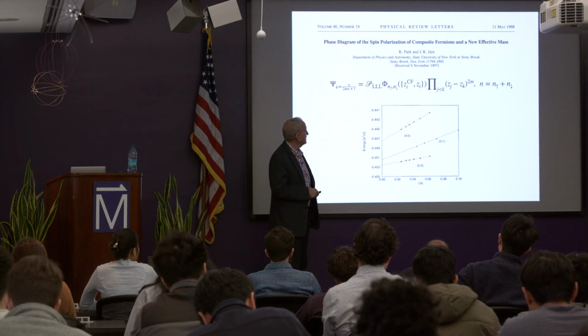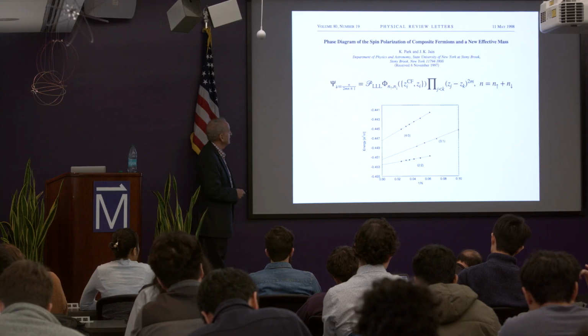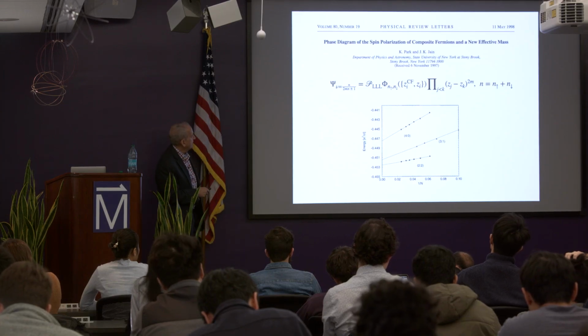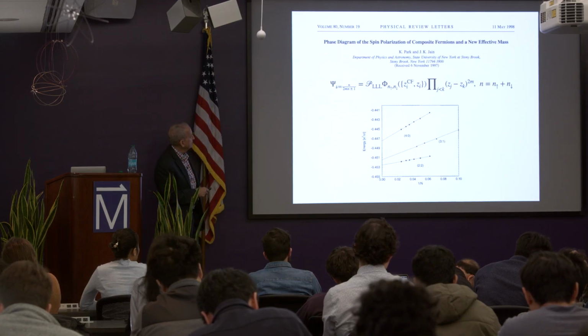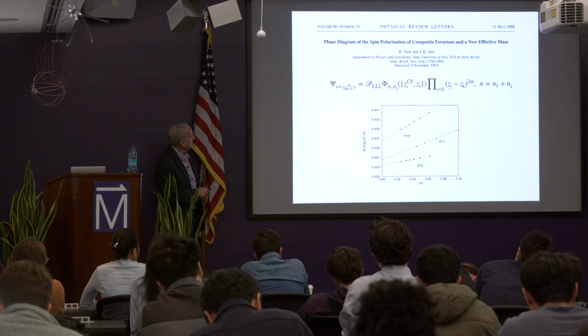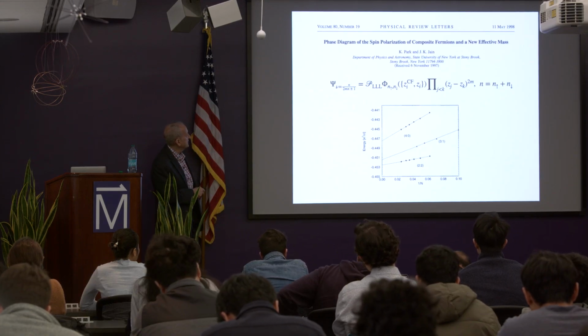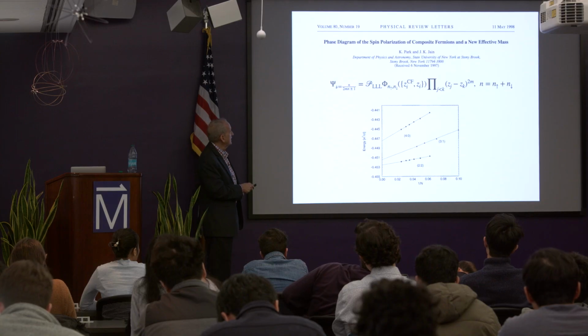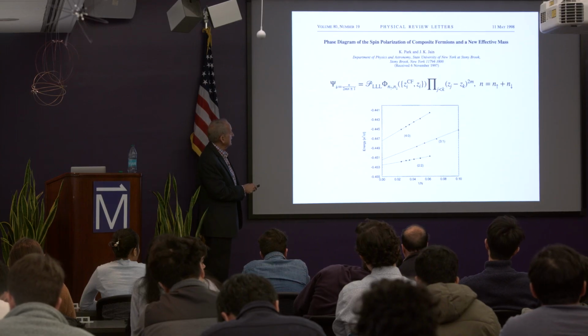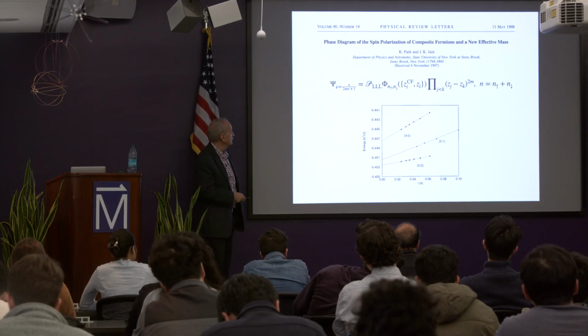So these are some calculations we had done a long time ago. I begin with a wave function of electrons where some spin up lambda levels and some spin down lambda levels are occupied. The filling factor n is of course equal to the sum of the two.